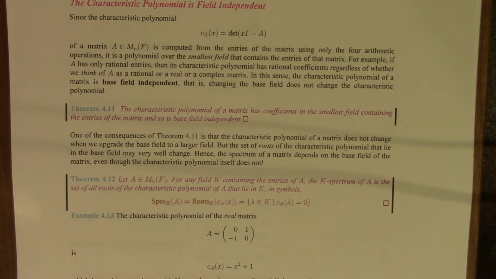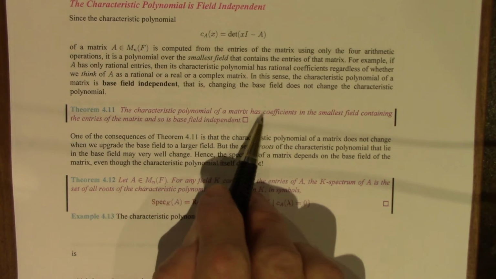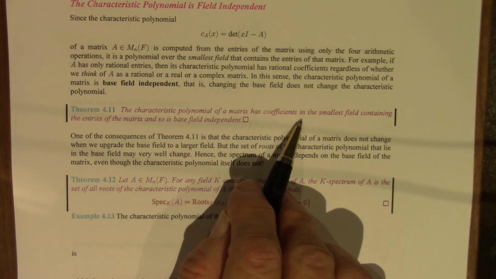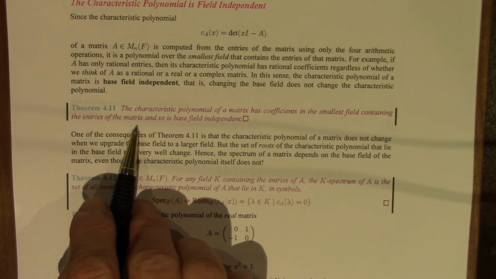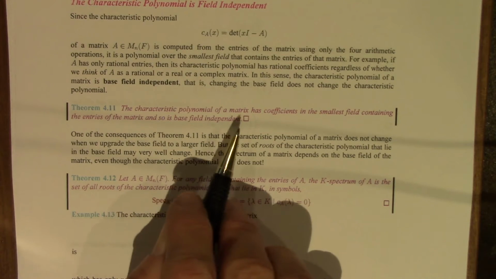If you have a matrix with rational entries, you can say the base field is the rational field or the real field or the complex field. It doesn't change the matrix. The characteristic polynomial is a polynomial with rational coefficients. So, the characteristic polynomial of a matrix has coefficients in the smallest field containing the entries of the matrix, and so is base field independent.